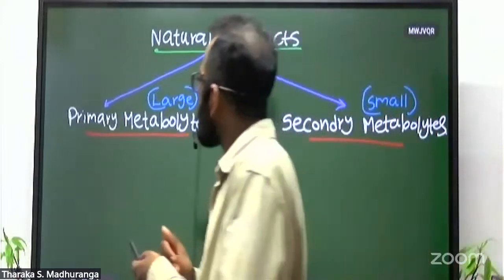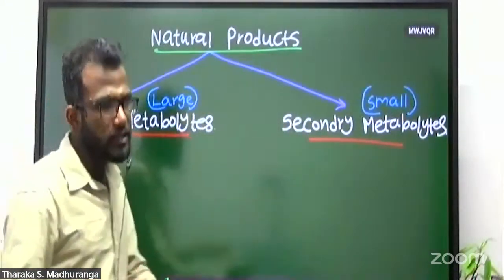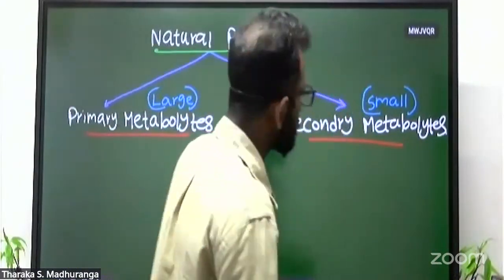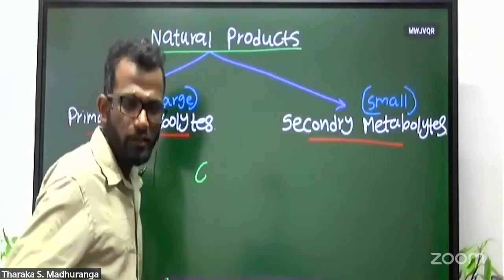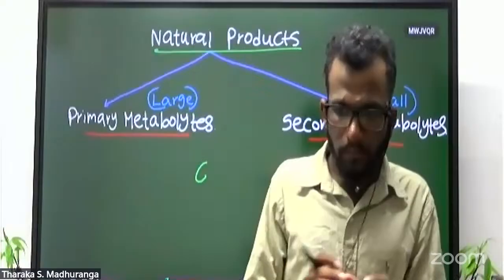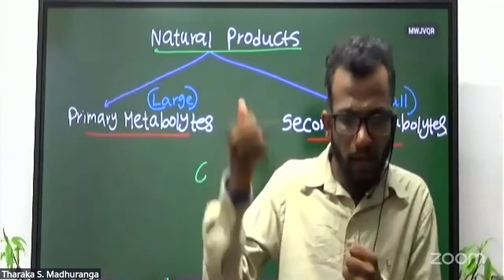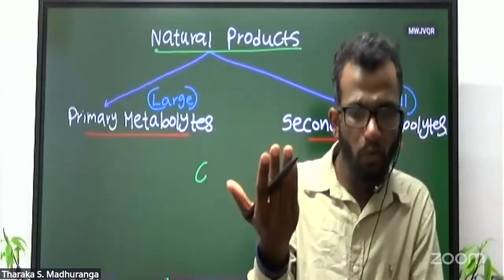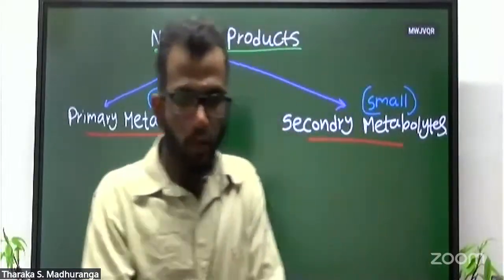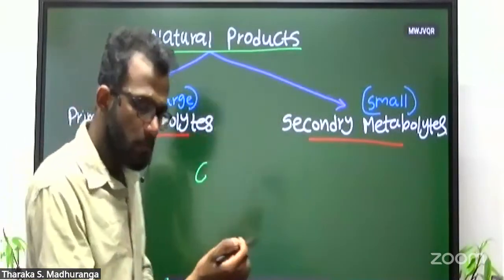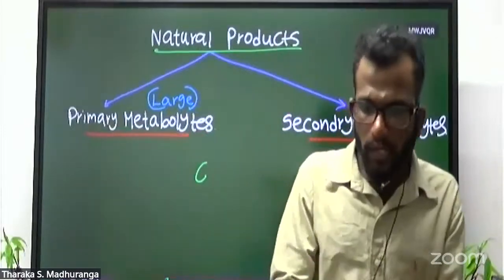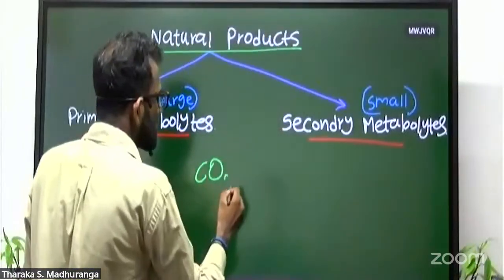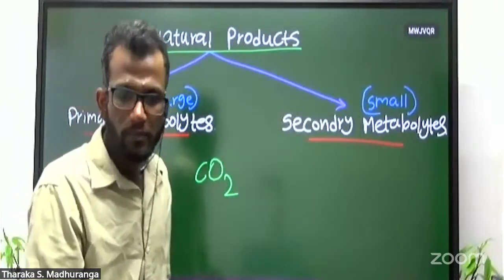The organic term, the basic definition for organic compound: if any compound contains carbon, that is called an organic compound. But if carbon is available, we can't always say it is an organic compound. In organic chemistry, we don't have a specific definition. If it is CO2, is that an organic compound?